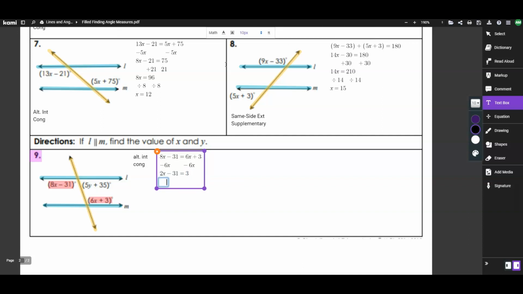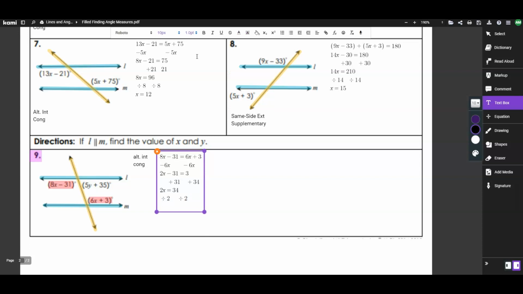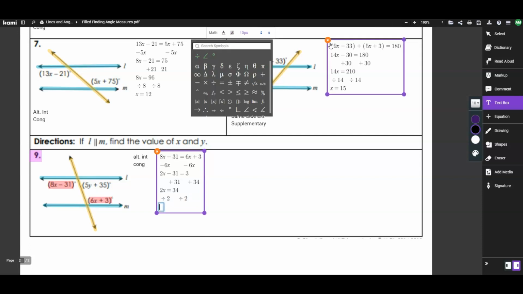I'm going to add 31 to both sides, which is going to give me 2x is equal to 34. I'm going to divide both sides by 2, which will leave me with a result of x is equal to 17.